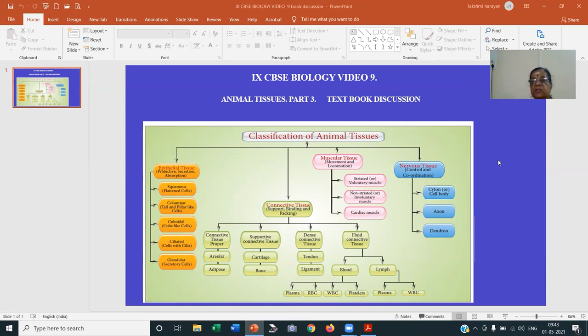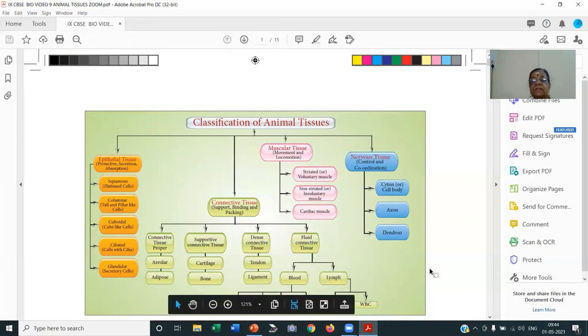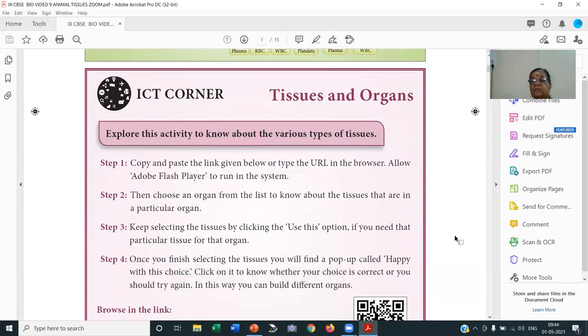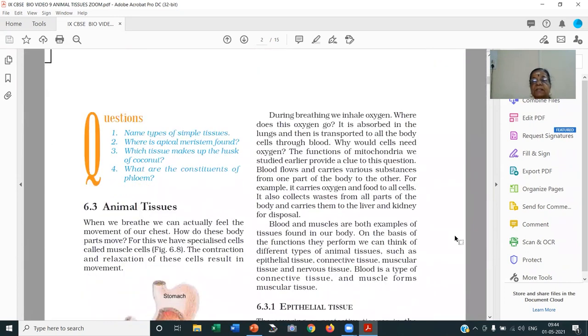And muscular tissues are striated or skeletal or voluntary muscle, non-striated or involuntary or smooth muscle, and the third one is cardiac muscle. I hope you understand. And then we have learned the description of nervous tissue. So now we'll continue the content of the lesson. This is also classification, and we have already done it.